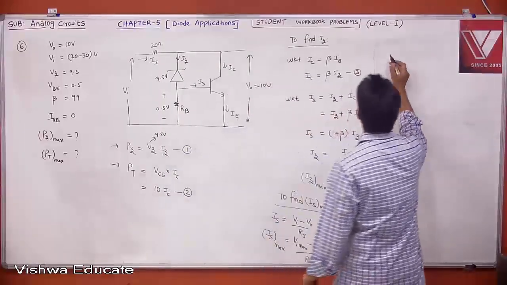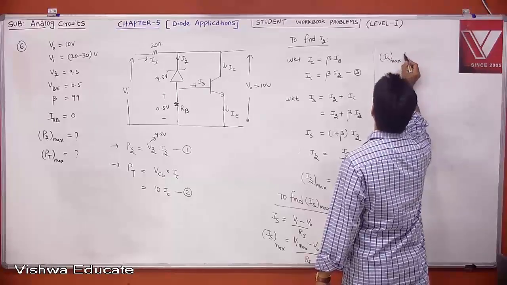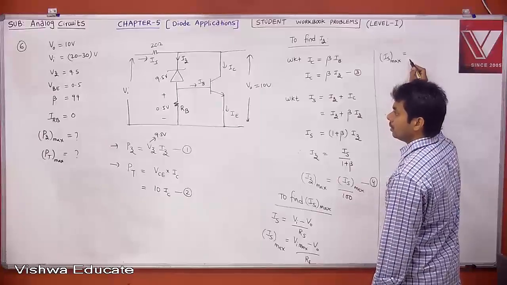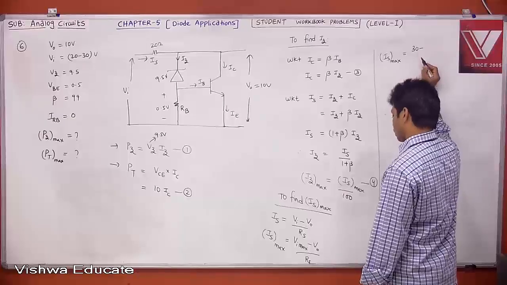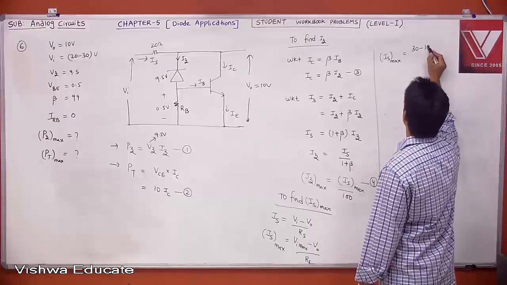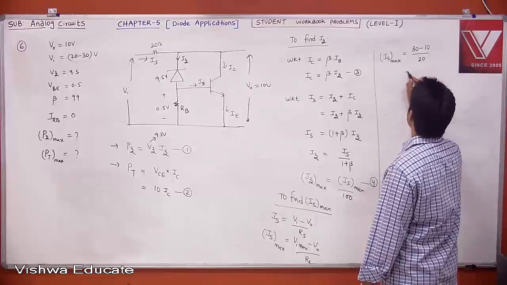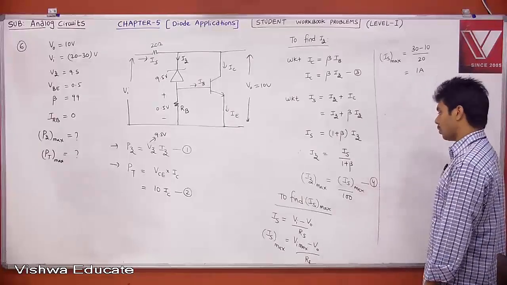What is Vi maximum? Vi maximum is 30, minus V0 which is 10, divided by Rs, that is 20. Therefore, this is nothing but 1 ampere. Yes, you got Is maximum, that is 1 ampere.